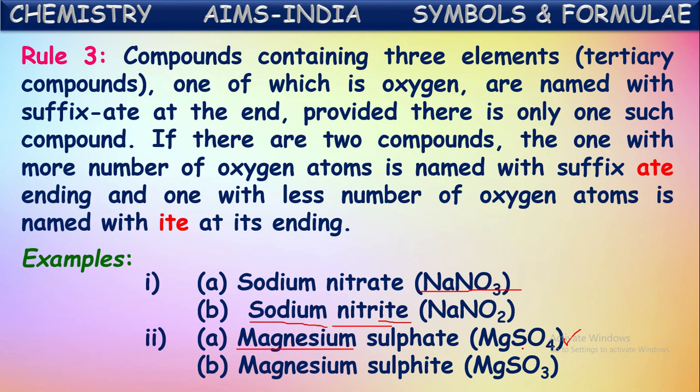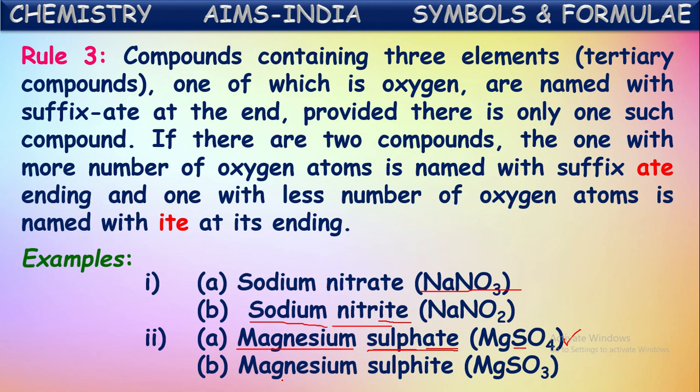Next, the non-metal other than oxygen, this is sulfur. And at the end of this sulfur name, -ate is attached by eliminating some letters. Now it became sulfate. Thus, the compound name will be magnesium sulfate.